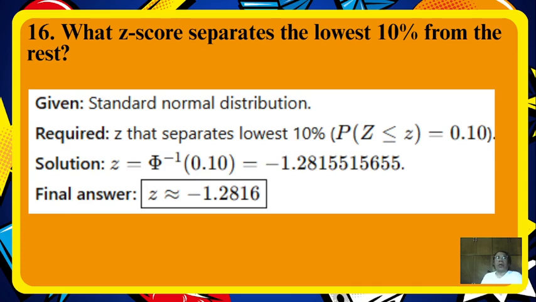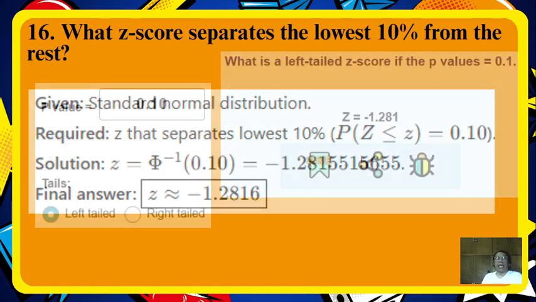So, practice problem number 16. What Z-score separates the lower 10% from the rest? So, our solution, Z is equal to inverse tau of 0.10. And the final answer is negative 1.2816.